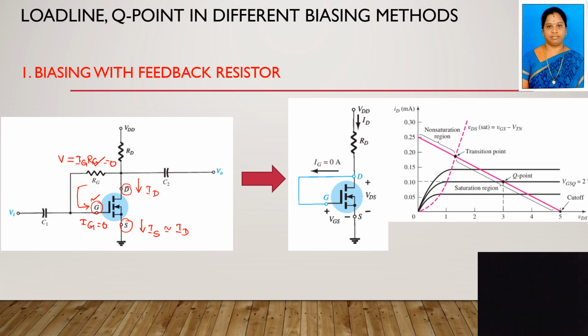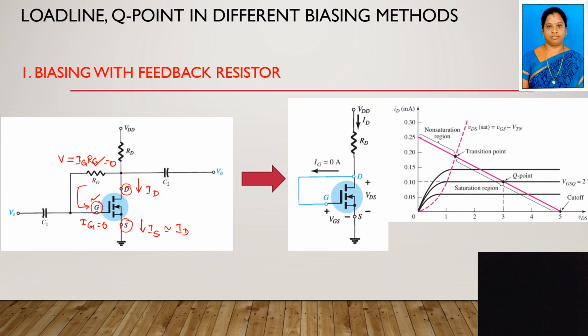First of all, what is biasing? Biasing is the process of giving the DC supply to the transistor in order to operate the MOSFET in the active region, or saturation region, or cutoff region. It depends upon your application.